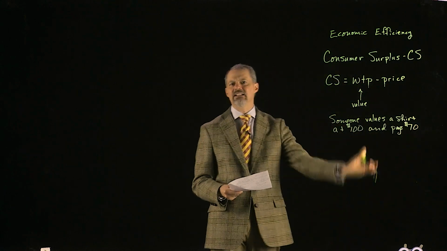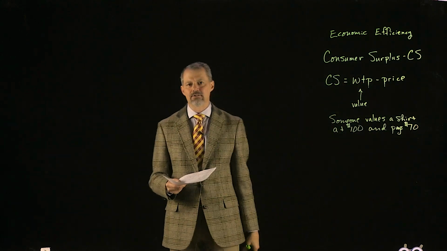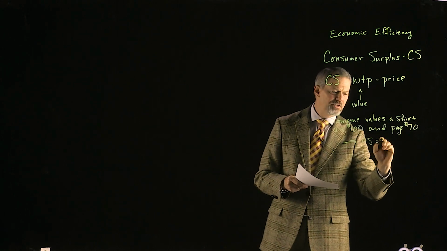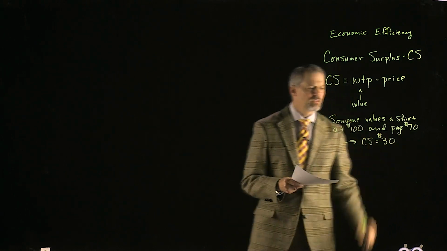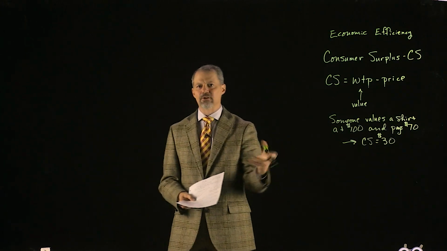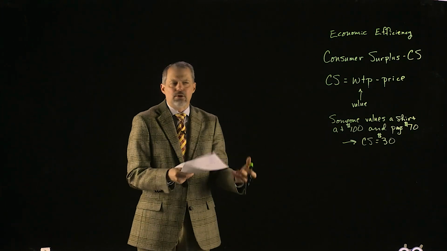So they pay $70 to get it. They were willing to pay $100. We would say that they get consumer surplus equal to $30. That's $30 of value they were willing to give up but didn't have to. They can spend that on something else. It's surplus value.